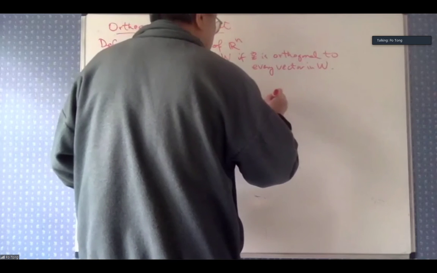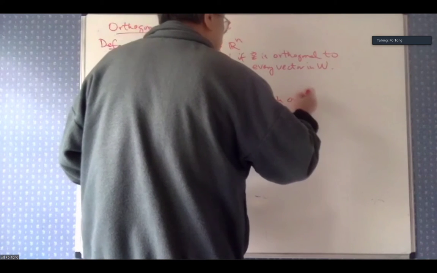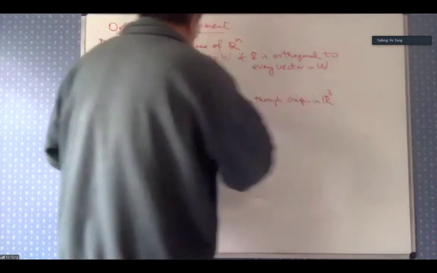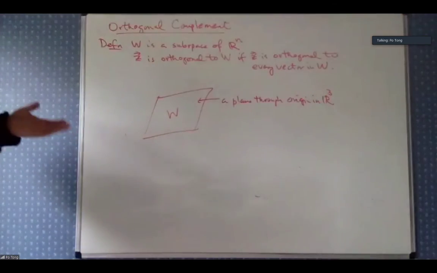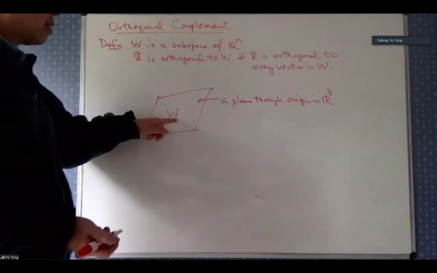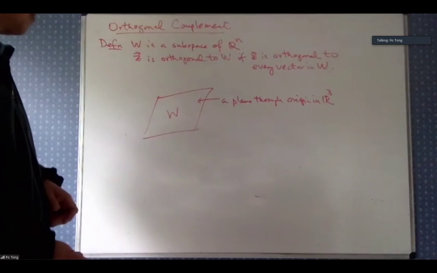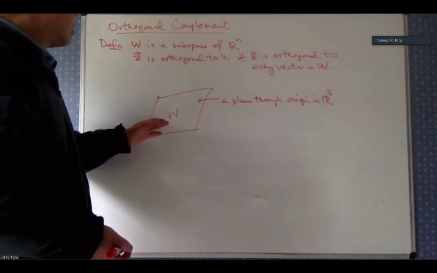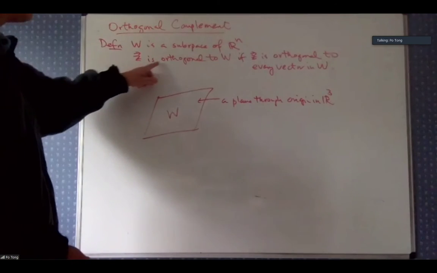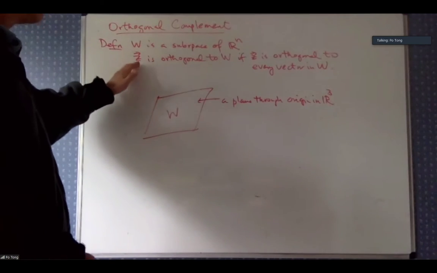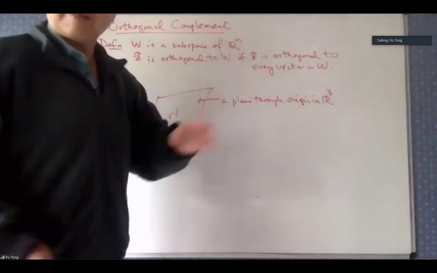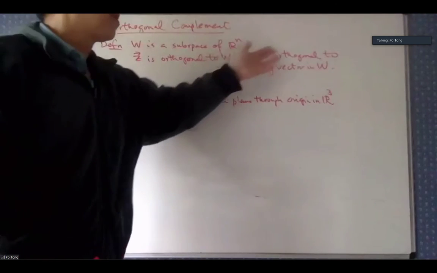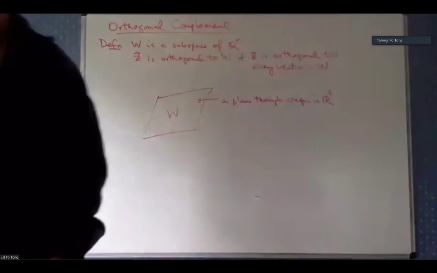W is a plane through the origin in R3. A plane through the origin in R3 is a subspace. So this guy is a subspace. When we say a vector is orthogonal to a subspace, in this example orthogonal to the plane, that means it's perpendicular to every vector in the plane.